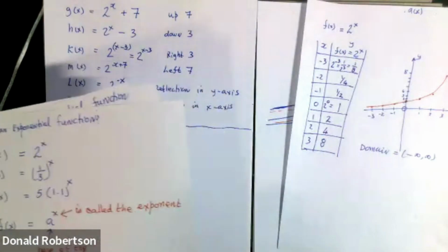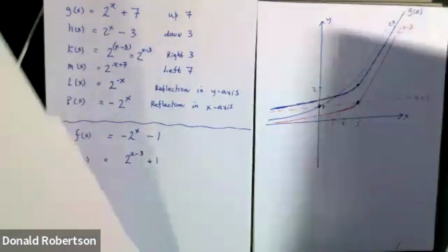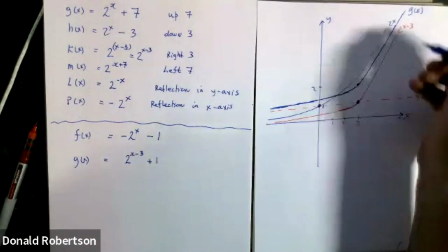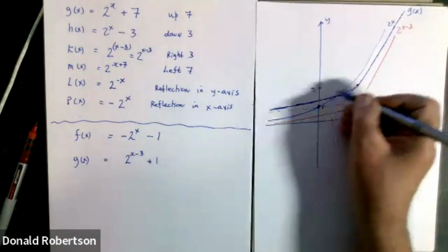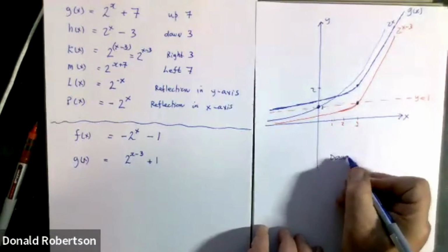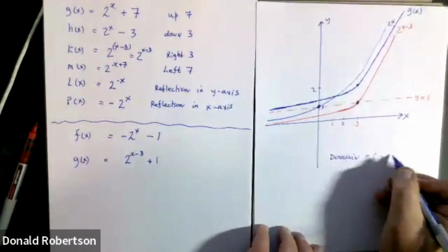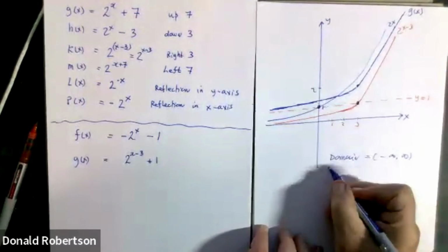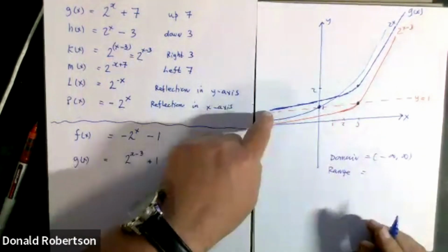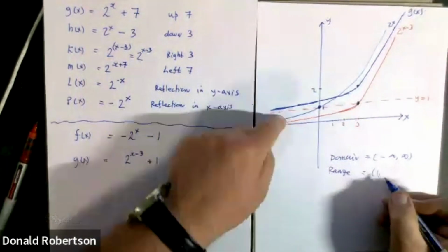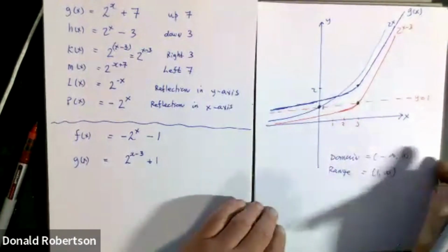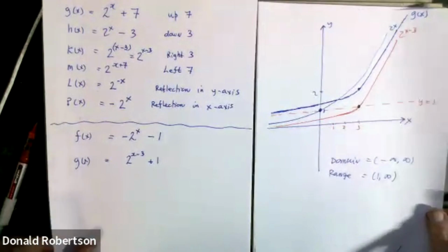Remember, g of x is this very thick guy. Now, its domain is all real numbers. Now let's see what the range in the y values looks like. Well, they get to 1 and anything above it. And that would be that fella.